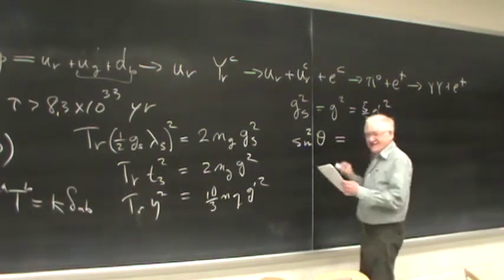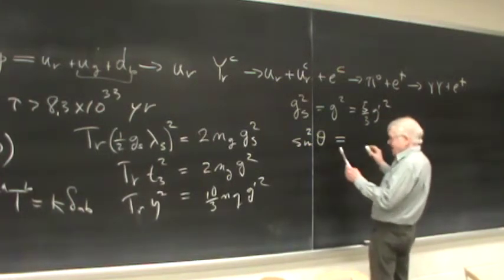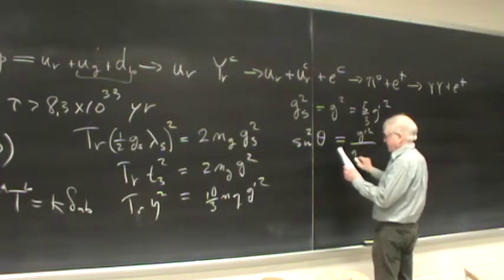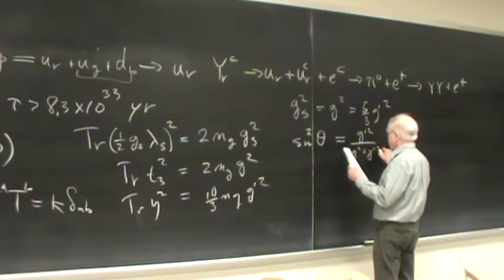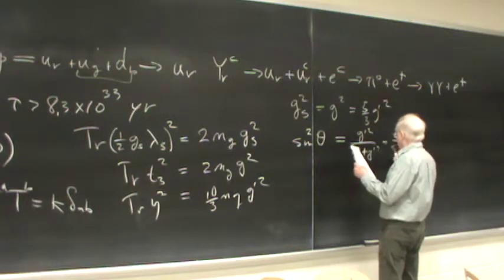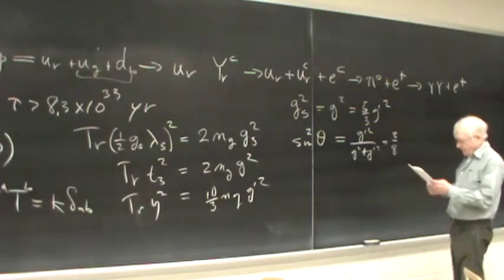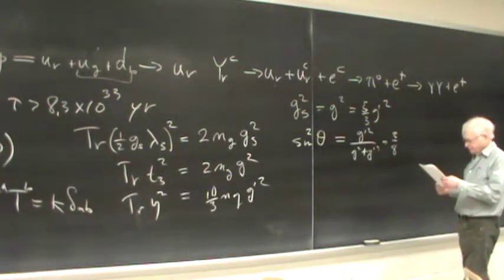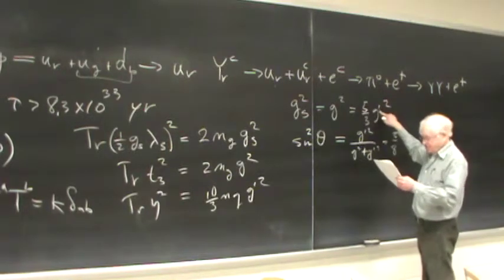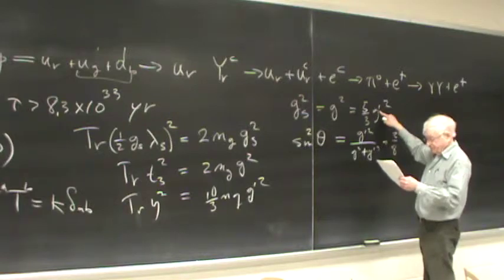Anyway, sine squared theta weak is G prime squared over G squared plus G prime squared. And this is 3/8, that is to say, it's 3/8 if we adopt this relation here, the 5/3.